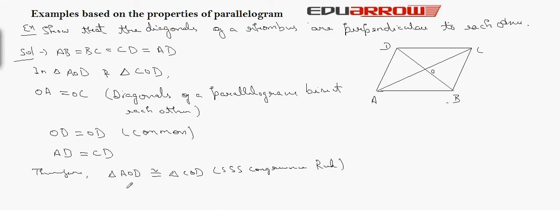So we can write here angle AOD is equal to angle COD by CPCT. Corresponding part of congruent triangles are equal.